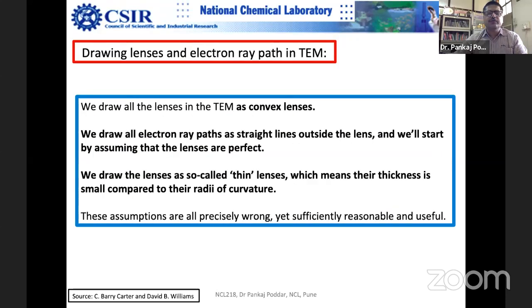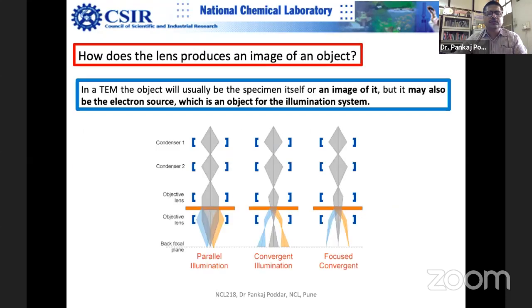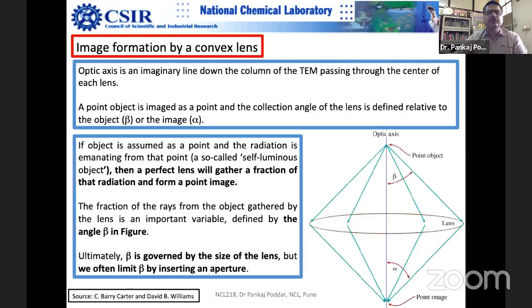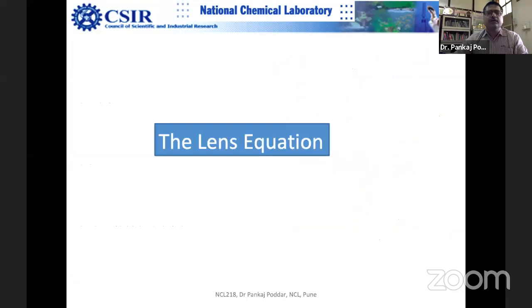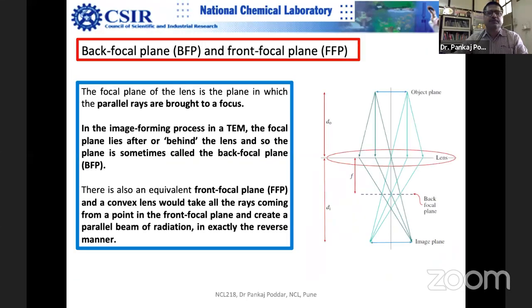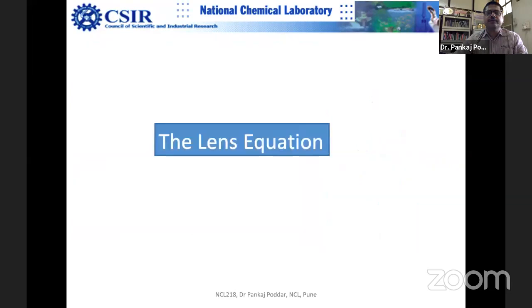And if you remember, we also discussed how to set the conditions of condenser lenses, objective lenses, to get different kind of illumination. We discussed about different planes, like object plane, image plane, and also plane of the lens. We discussed about back focal plane, front focal plane, lens equations we discussed.